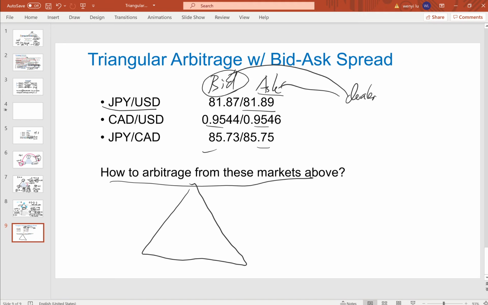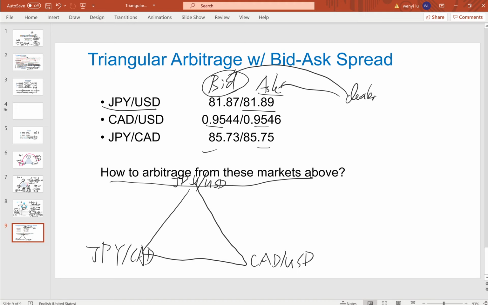So this comes with some additional difficulty, right? Because you don't have just one number for the quotes, but for each quote we have two: one is the bid, one is the ask. Then how can you solve the cross rate? Cross rates we already started in the last videos, even for the bid and ask. So first, you should draw this triangle.